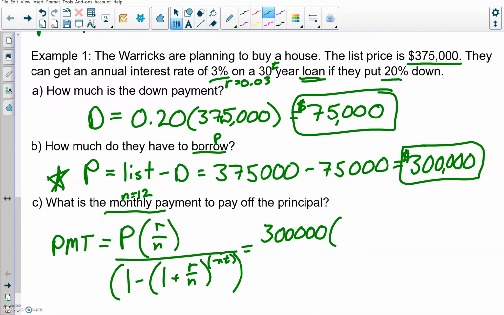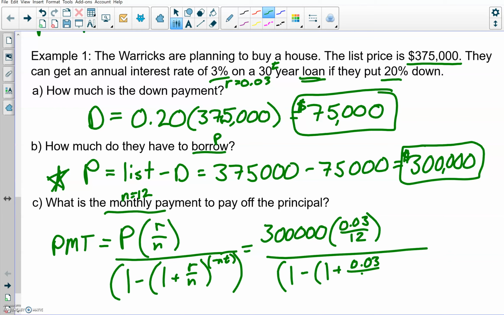So I got all the pieces now, so we'll just put this 0.03 R over the N, which is 12. Then divide this by 1 minus this 1 plus 0.03 over 12 raised to the negative 12 times 30 power.